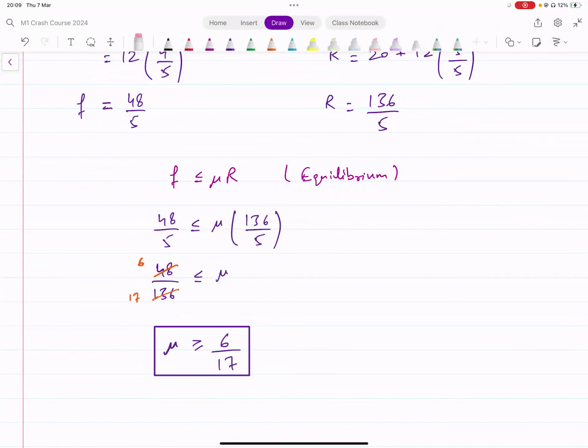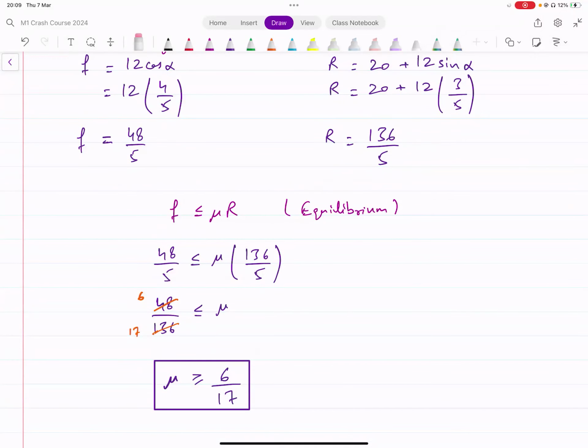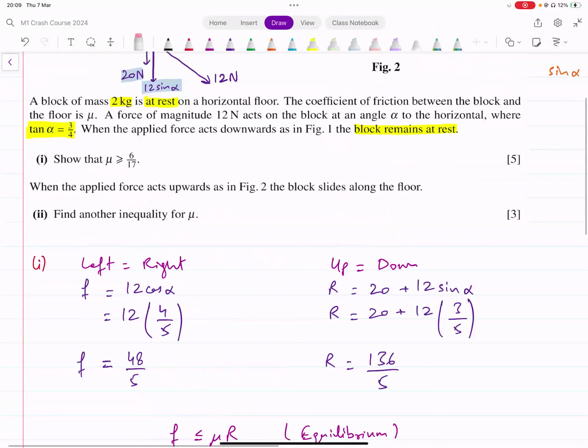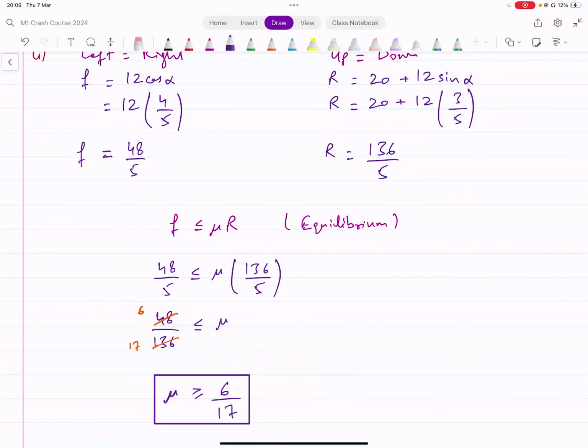Is that okay? That's 5 marks. And you just have to do this. Equate the opposite forces and then use F less than or equal to mu R, because that's what you have in equilibrium. Any problem with this?